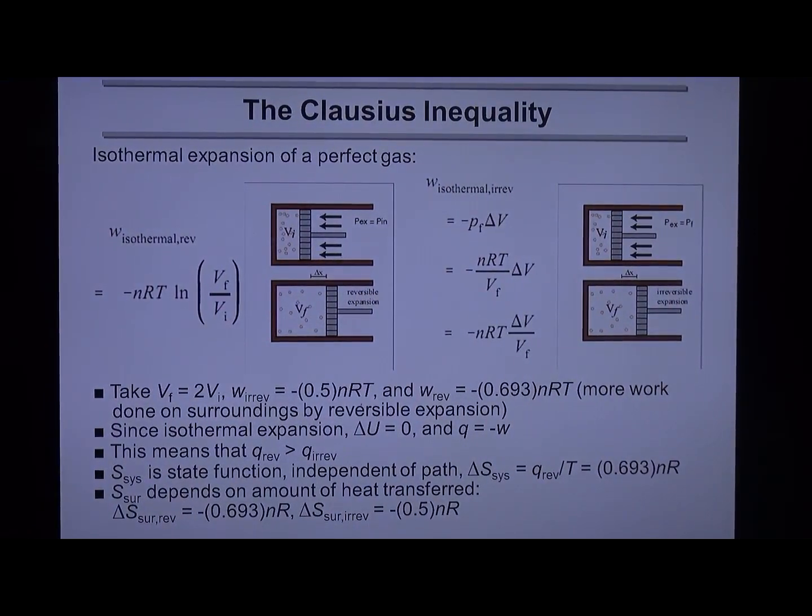The Clausius inequality is basically a mathematical explanation of the second law of thermodynamics. It shows that the definition of entropy is consistent with the second law of thermodynamics, which means that the total entropy change for spontaneous or irreversible changes is always positive. So we show that.